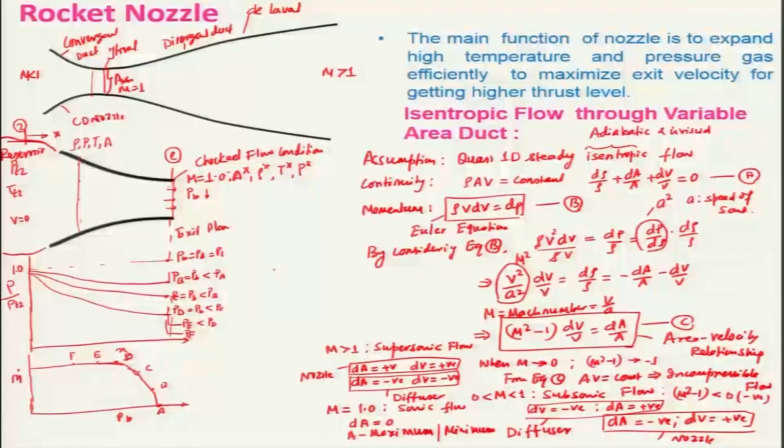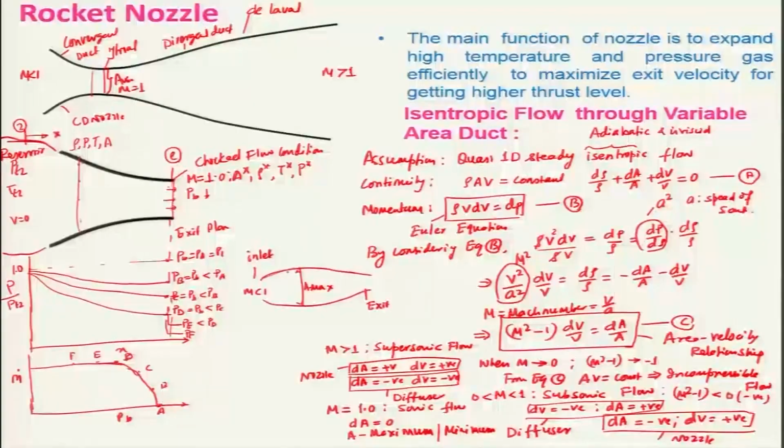However, if I consider the other variant where the area is maximum, and the flow is subsonic at the inlet, with the exit here, then what will happen?